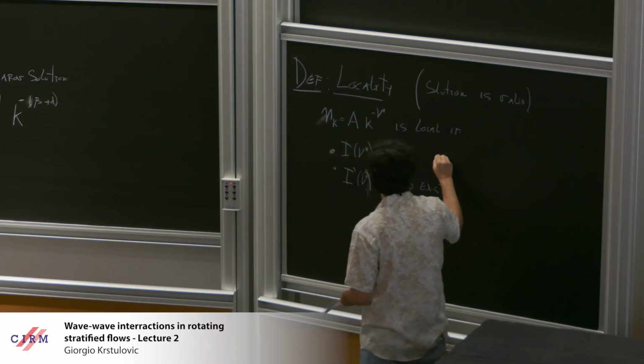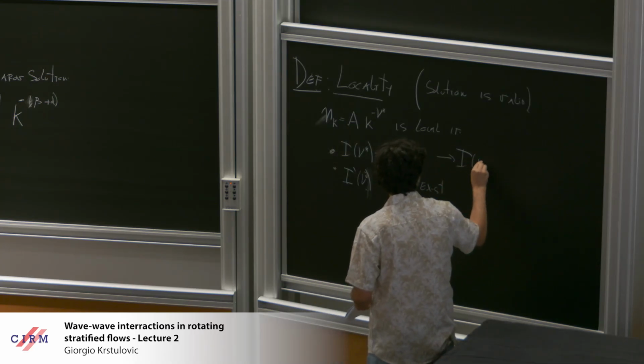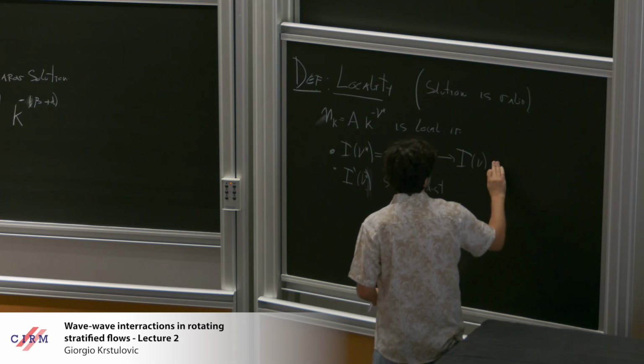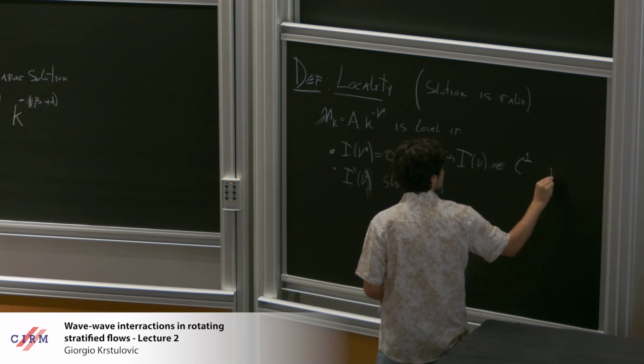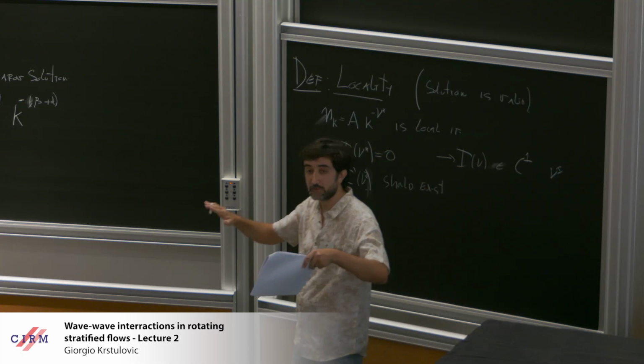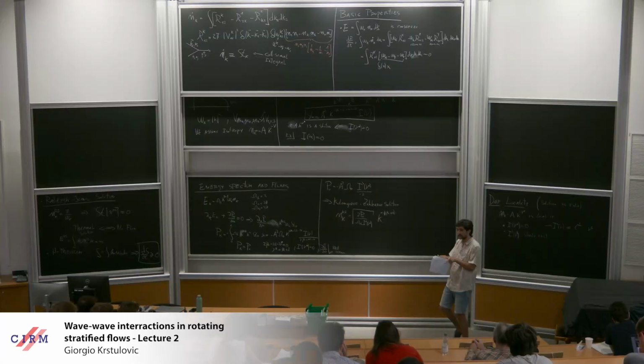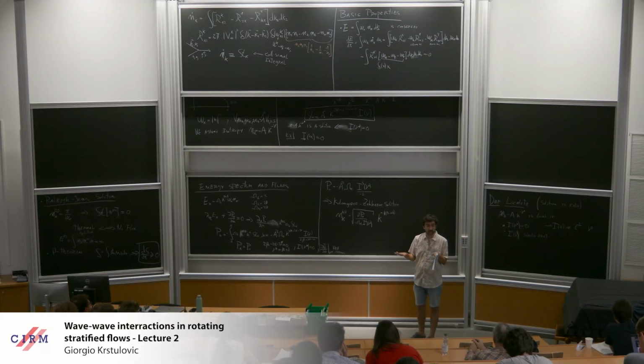Basically you want I of nu to be C1 around nu star, so it's kind of smooth. And this is the first notion of stability, the poorest notion of stability you can imagine in the system.